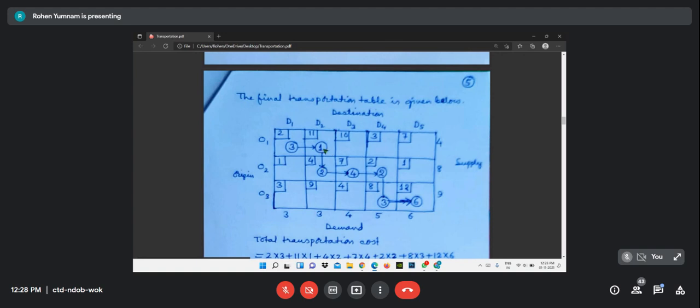And then after this, it is exhausted, this row is also removed, and this column already removed. Now it comes to here, 1 already removed, then 3 reduces to 2.